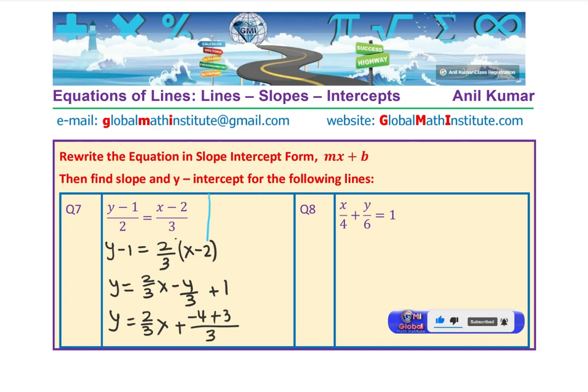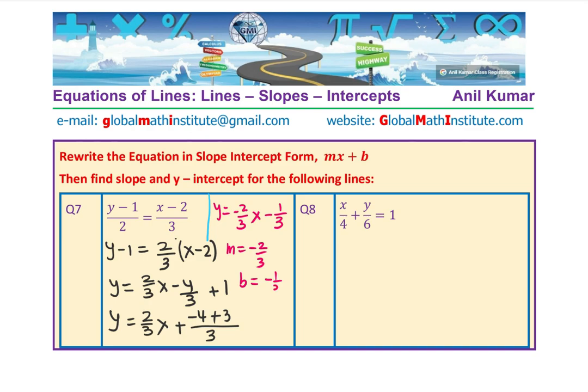So y = 2/3 x, and -4 plus 3 is -1, so -1/3. Does it make sense? So that gives you slope m as 2/3 and y-intercept b as -1/3. Perfect.